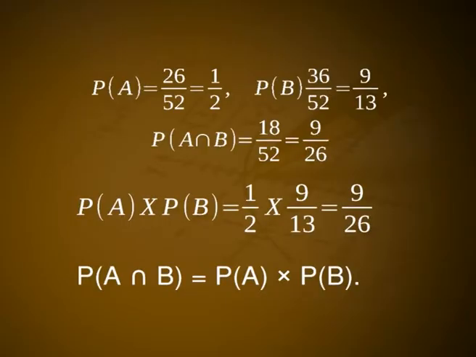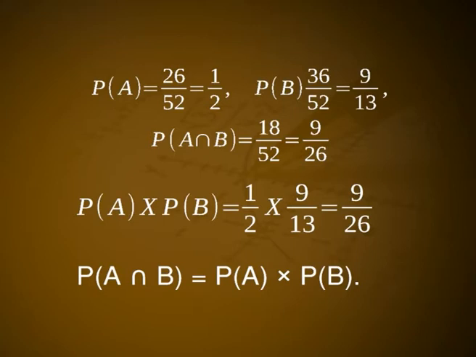Next example, consider A as the event of drawing a red card from a well shuffled pack of cards and B as the event of drawing a number card. It is clear that P of A equals 26 by 52 equals 1 by 2, P of B equals 36 by 52 equals 9 by 13, P of A intersection B equals 18 by 52 equals 9 by 26.